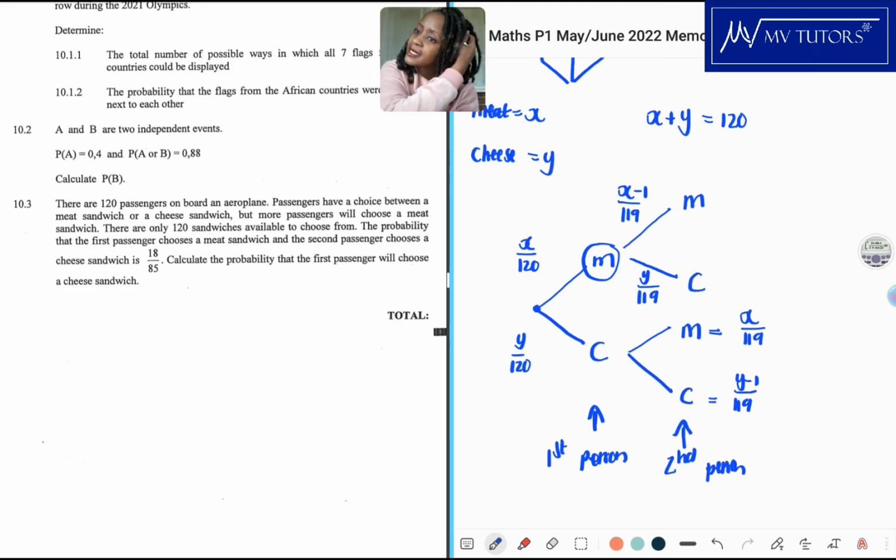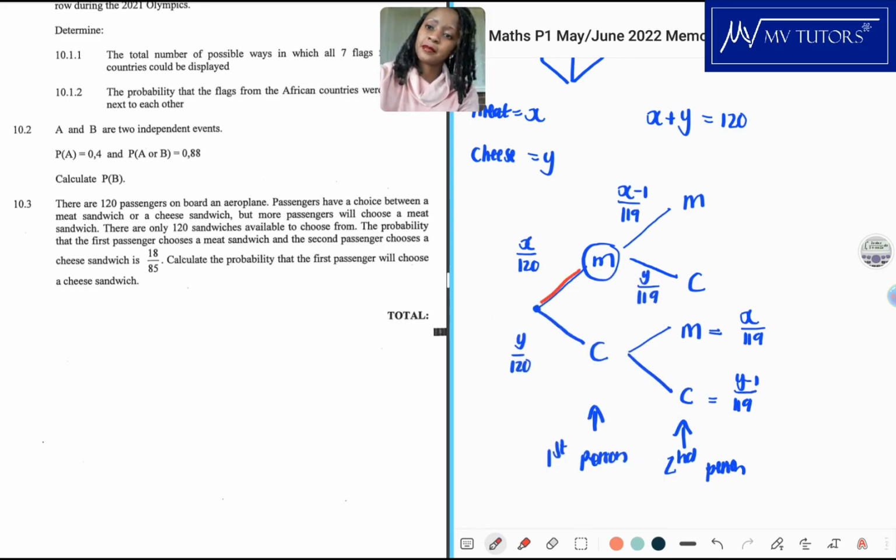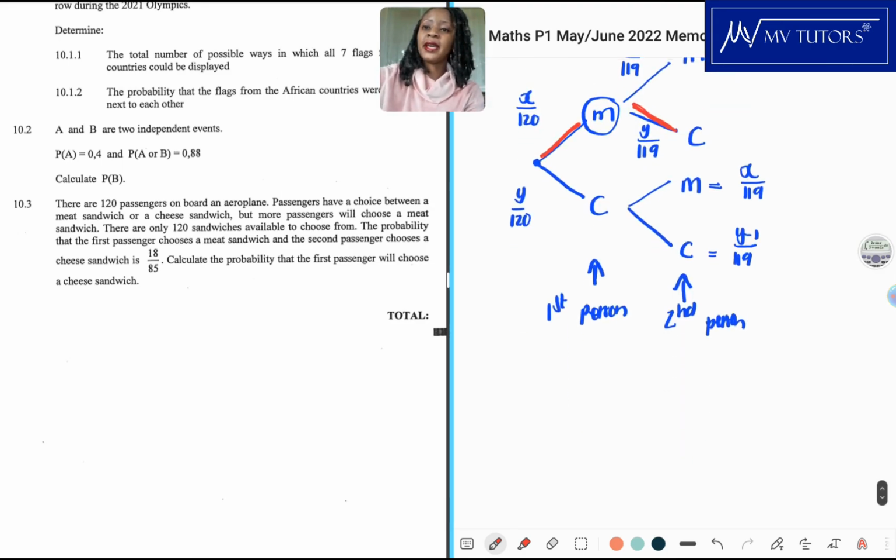Now they told us that the probability that the first passenger chooses a meat sandwich and then a second passenger chooses a cheese sandwich, meaning we have X over 120 multiplied by Y over 119, is 18 over 85.